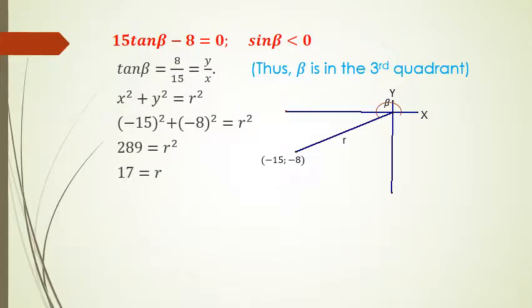Now we are ready to write down the values of sin beta and cos beta. That sin beta equal to y over r. The y coordinate is minus 8, so that's minus 8 over 17.